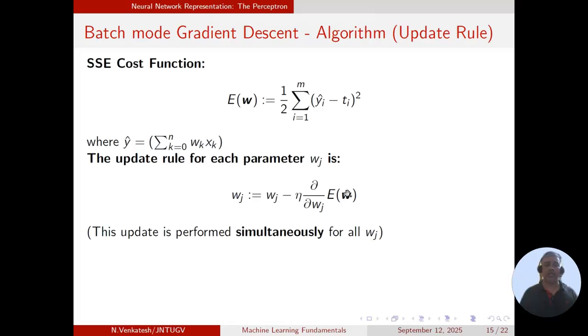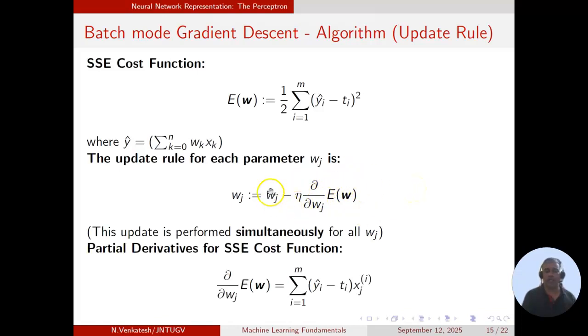As we know, in gradient descent you update the weights in the opposite direction of the gradient, where the gradient is the derivative of E(w) with respect to wj, and you use eta as the learning rate. So wj becomes wj minus eta times the gradient.